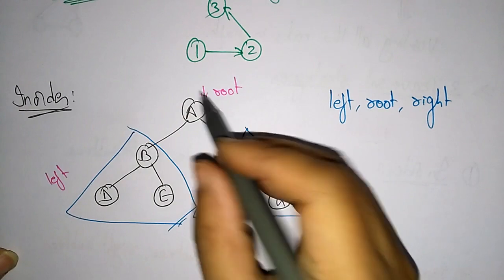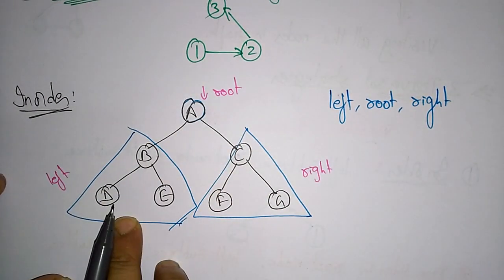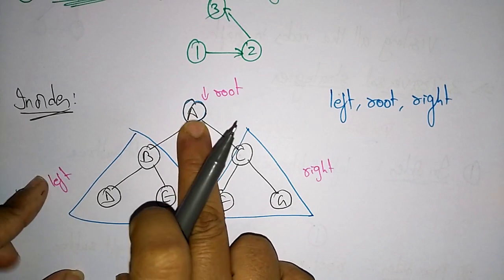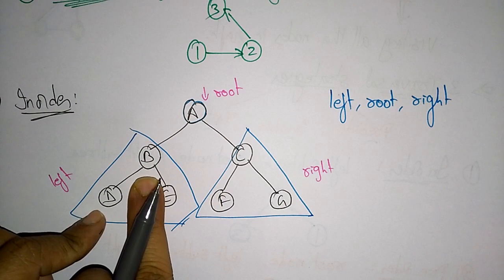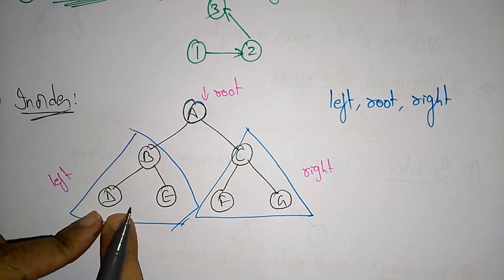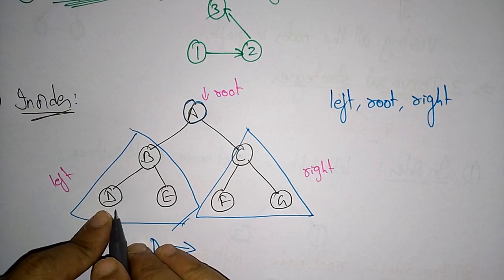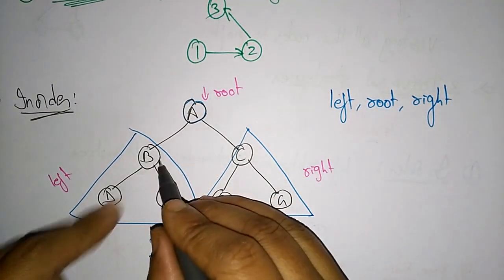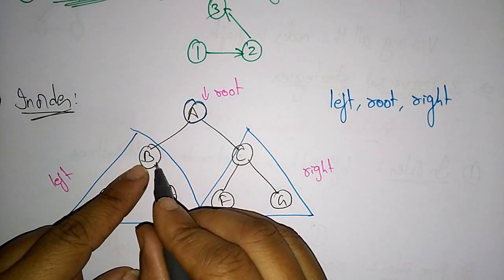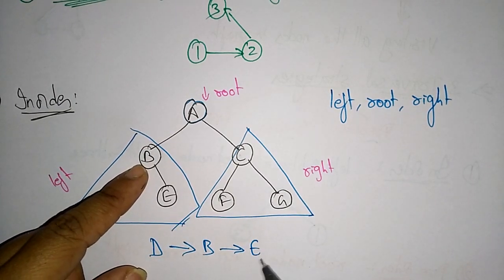Okay, starting from the root, let's start from the root. First visit the left subtree. The left subtree of A is B. Again for B, the left subtree of B is D. So first D, then the root, after left comes B, and after the root again visit the right.